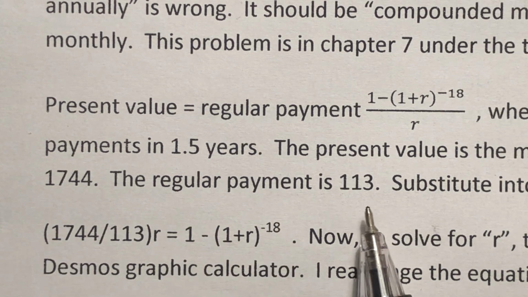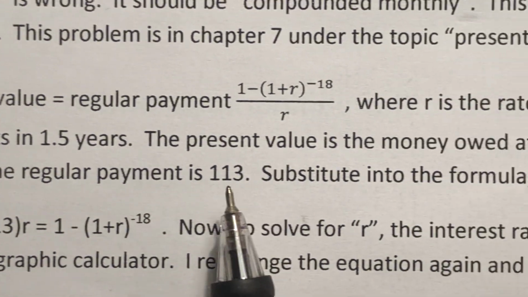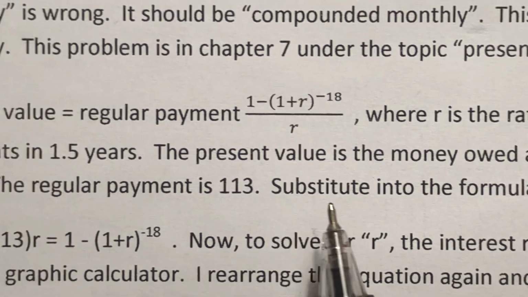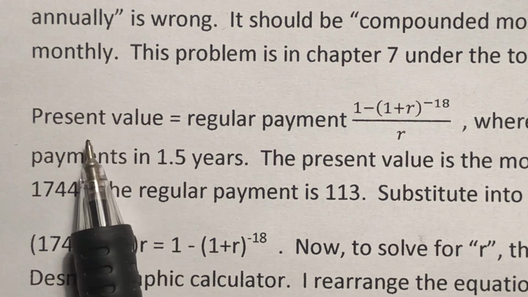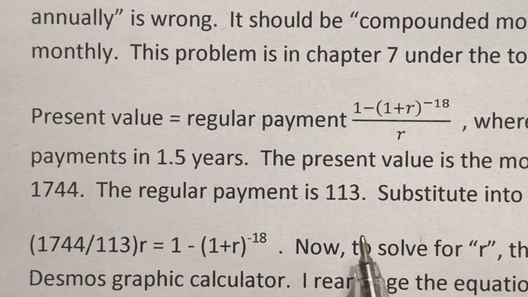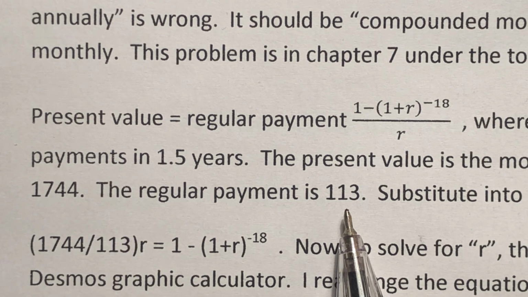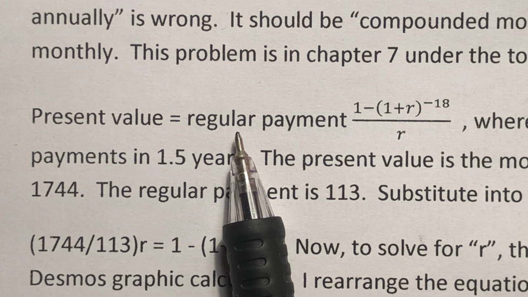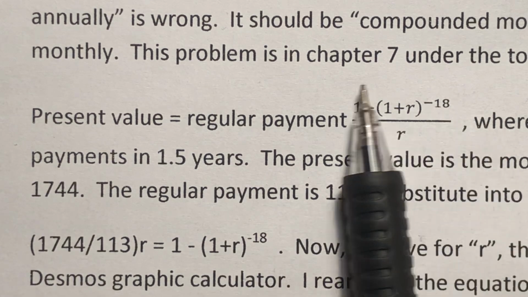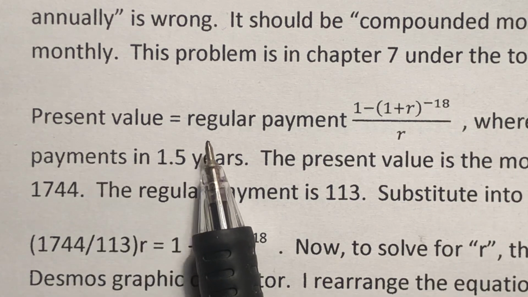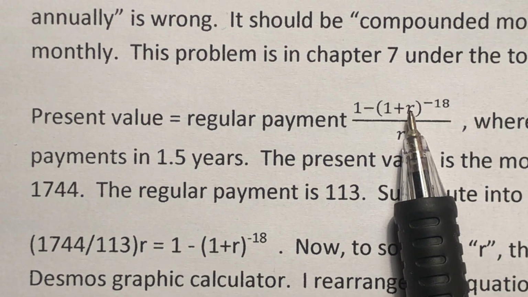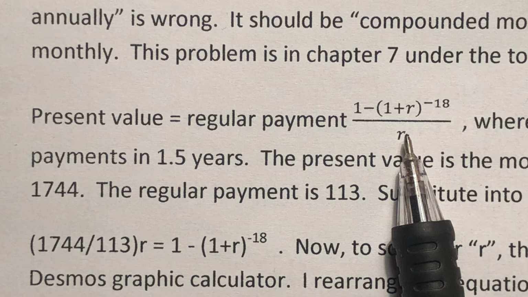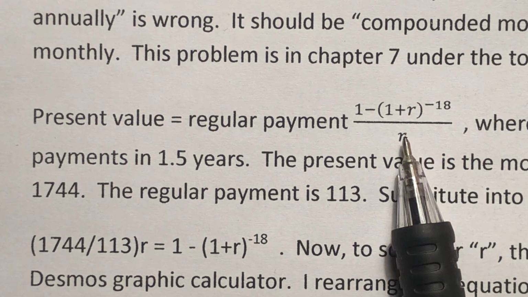The regular payment is $113. Now you substitute the present value 1744 into here. You substitute 113 into here, and you have an equation. In this equation, the unknown is r, and this is what the question wants to find out, the interest rate.